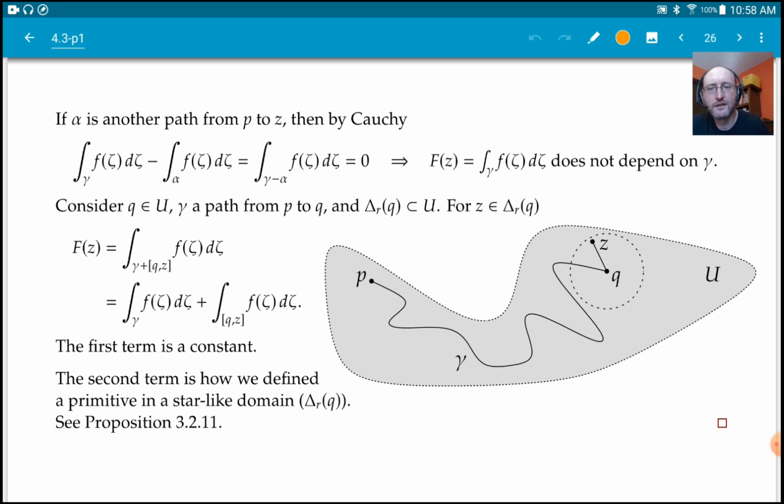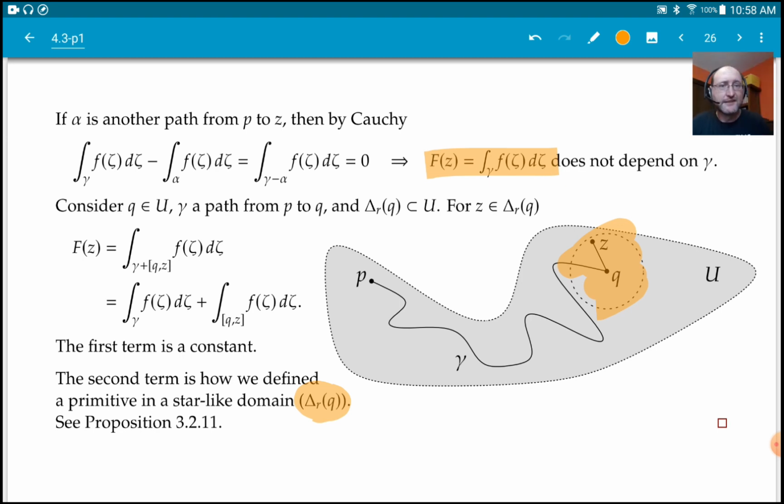So this is precisely how we define the primitive in a star-like domain. So in this case, the disk is a star-like domain. So we've already proved that it was a primitive here, right? So it's the antiderivative locally, and we have that it's well defined, right?